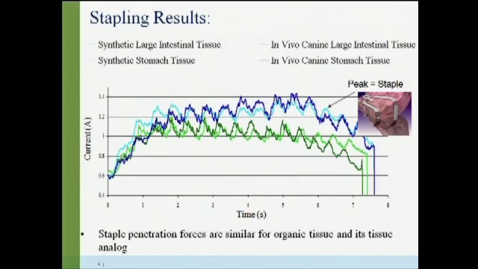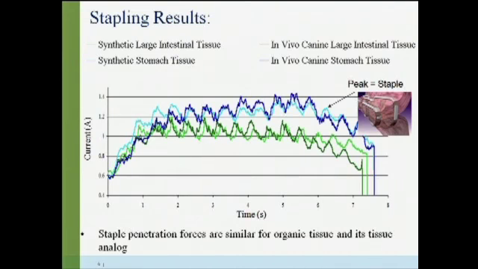This is the graph when the device is stapling and transecting the tissue. You can see it took a larger amount of force to penetrate the stomach tissues, the blue lines. Each peak in the graph you're seeing represents the force to form a staple. So just by looking at the graph, you would be able to see if the device was missing a staple, if there was a staple jam, or another type of misfire.